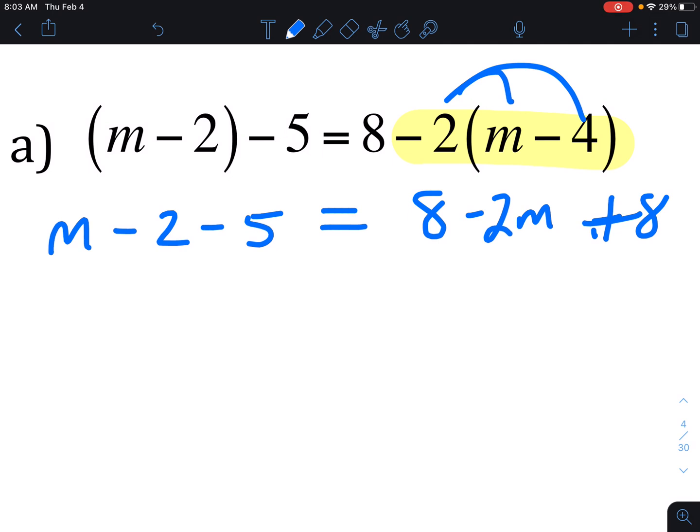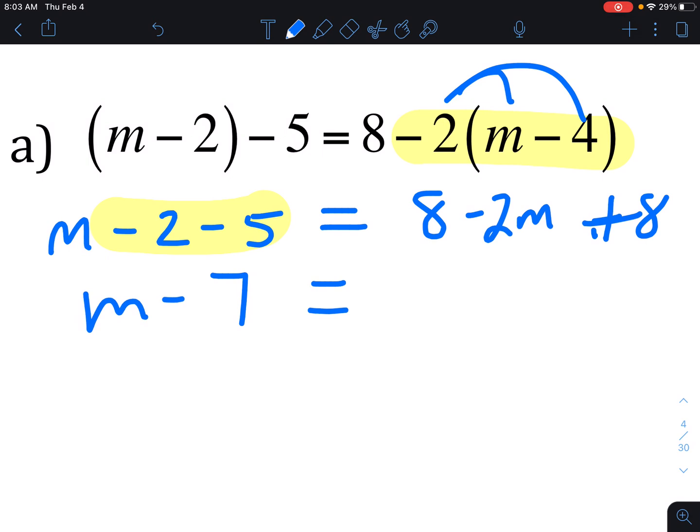Then after that, what we want to do is we would need to combine like terms. On the left side, we have like terms right here. So that'll be m minus 7. When I say combine like terms, that means they're on the same side of the equal sign, and we have to do what it says.